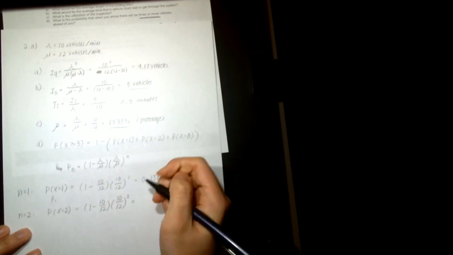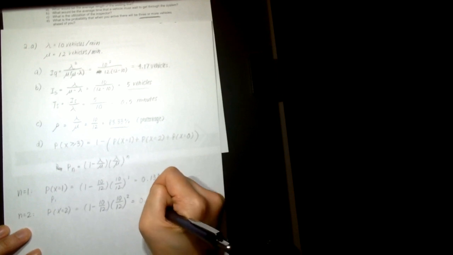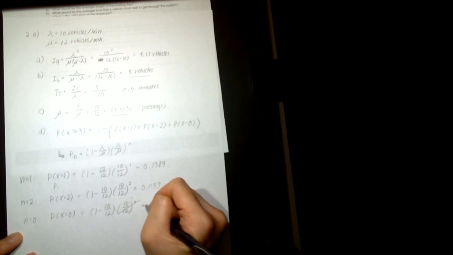Next, you have n equals 2, so 2 vehicles, x equals 2, which equals 1 minus 10 over 12, times 10 over 12 to the power of 2, which would equal 0.1157. And next, you have the probability that there are no cars ahead of you, n equals 0. 1 minus 10 over 12, times 10 over 12 to the power of 0, which would just cancel out, it would equal 1. And this would just equal 0.1667.